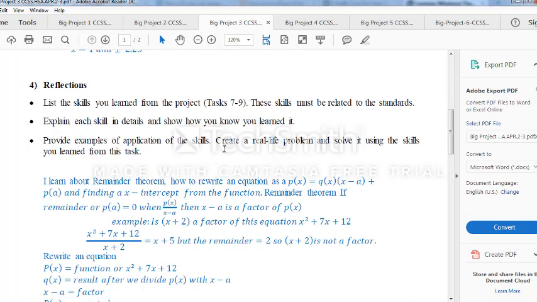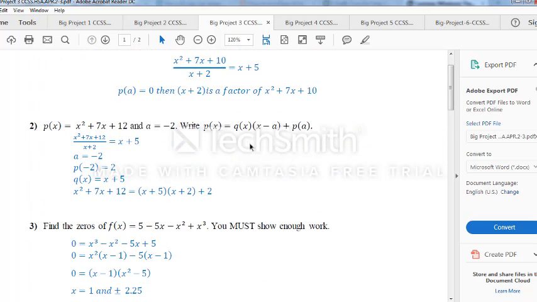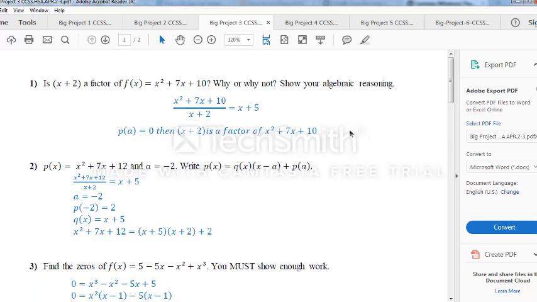In project 3, we basically learn about a similar thing, but in this one we use x plus 2 as a factor of f of x. So this number is a factor of this number, and what we have to do is divide them. After you divide, for example, we find x plus 2 is a common term to divide.